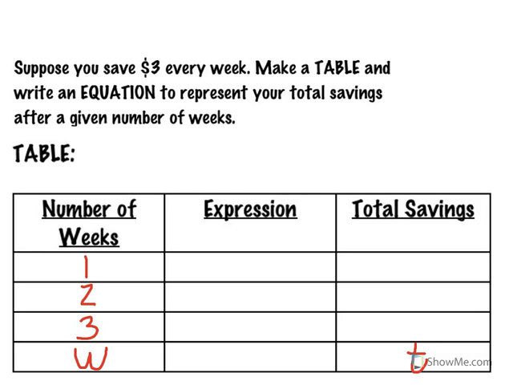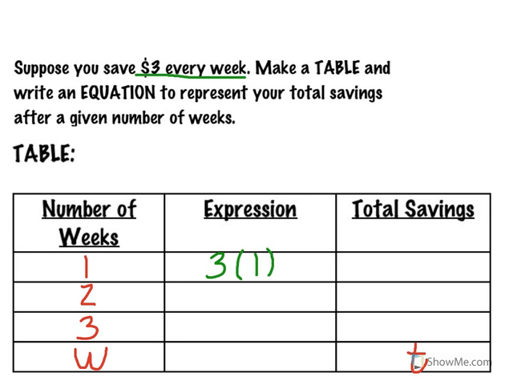So looking back at our story, we're saving $3 every week. That "every" is my clue that I'm going to be multiplying. And I'm going to take my number of weeks and multiply it times how much I'm saving each week, which is 3. So my expression would be 3 times 1.